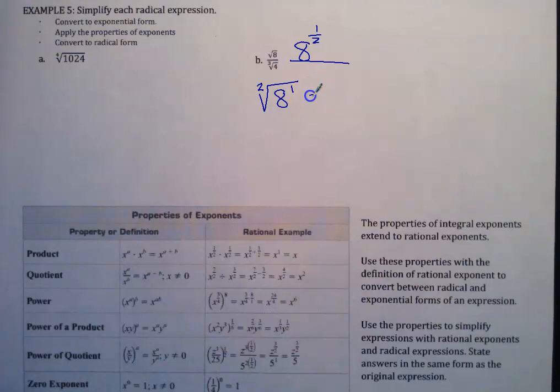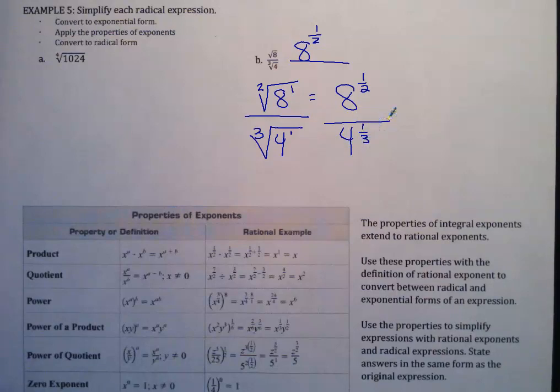So this is where we got 8 to the 1/2 power from. Does that help? All right, and then we have the cube root of 4. So again, what's the exponent on the 4? A 1. Okay, so this is going to equal 4 to the 1/3. Does that make sense so far?